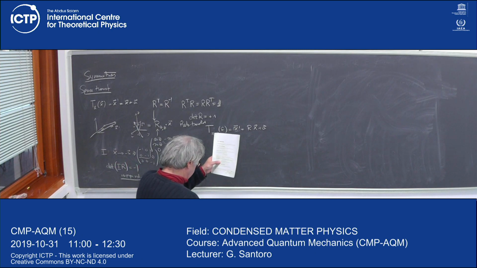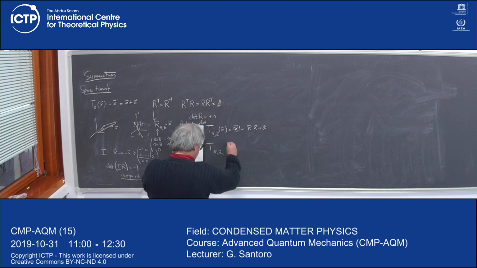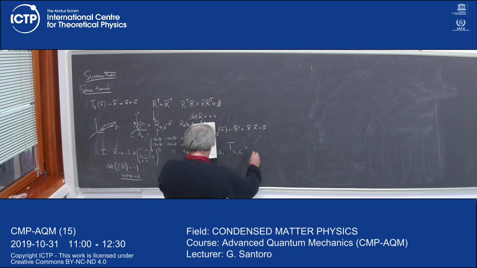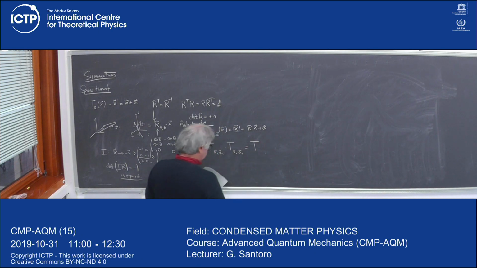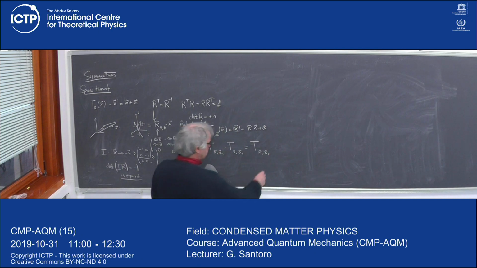The only thing that I would like you to notice is that if I have a transformation with rotation R2 and translation A2, following a transformation with rotation R1 and translation A1, then the resulting transformation is certainly the product of the two rotations.